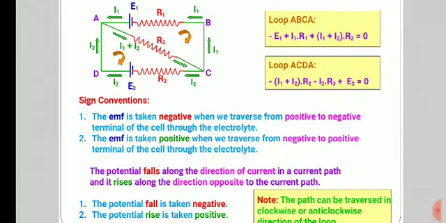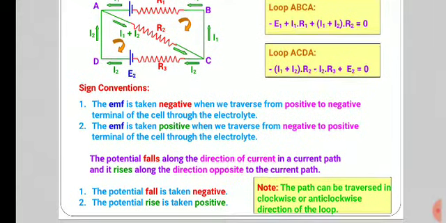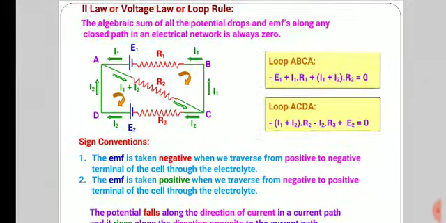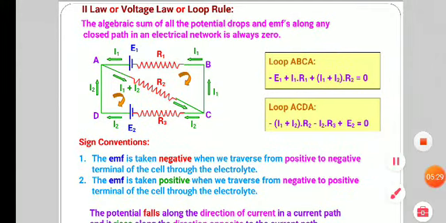The potential falls along the direction of current in a current path, and it rises along the direction opposite to the current path. The potential fall is taken as negative and the potential rise is taken as positive. The path can be traversed in the clockwise or anti-clockwise direction of the loop. This is Kirchhoff's voltage law, or second law.